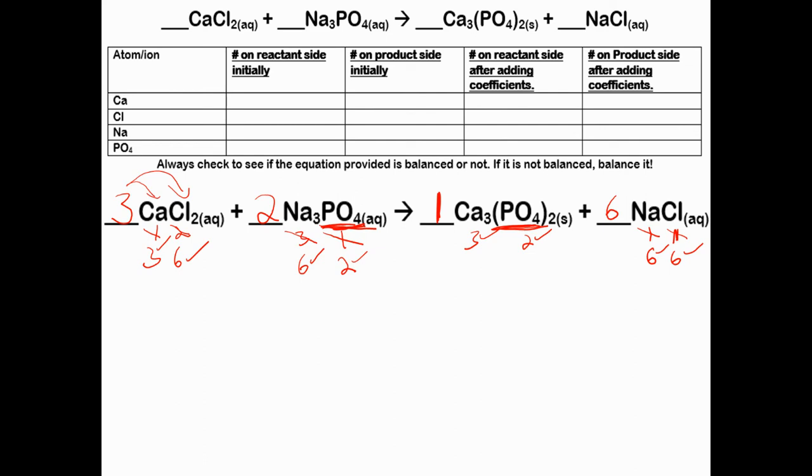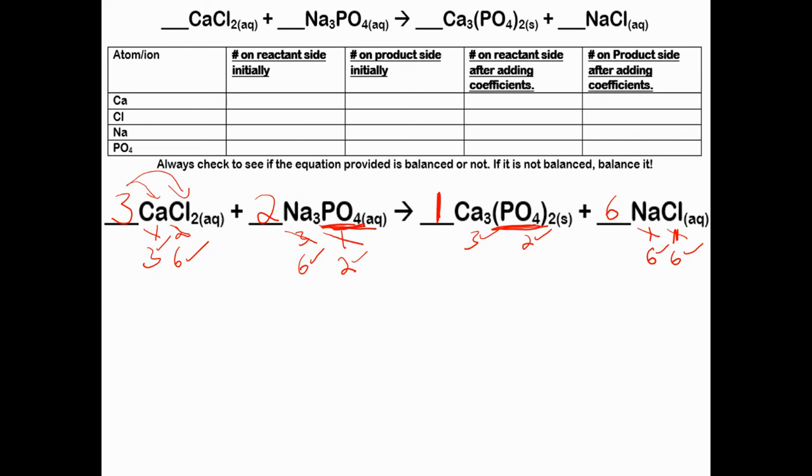The thing about balancing is that it's like a puzzle. You'll find the answer as long as you're following the strategies. And if you make a mistake, you just erase and retry. So some of you may have tried to balance the sodiums first. You would have put a 3 in the front of NaCl, and then you would have said, okay, well, now I have to balance my Cl somehow. You would have said, well, there's no way to get 3 Cls here, so maybe I need to retry that.